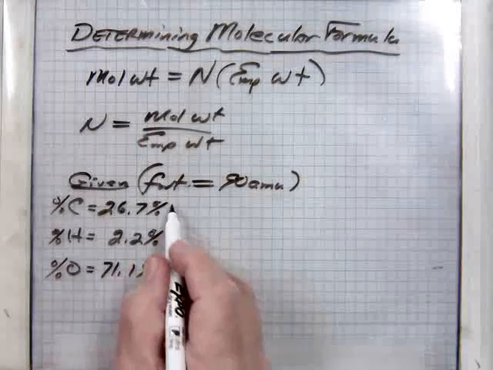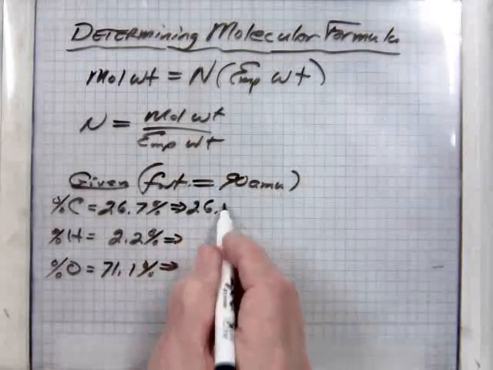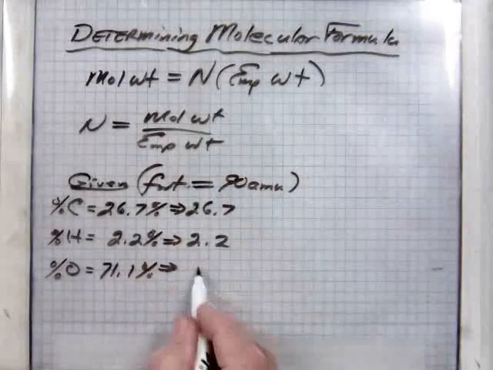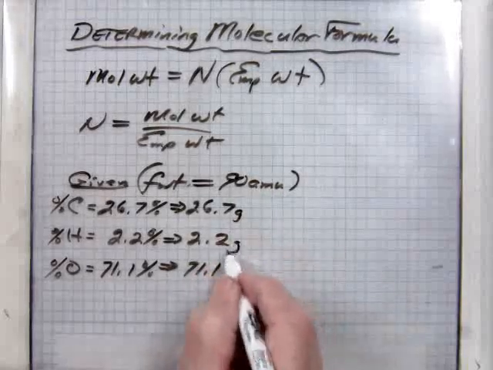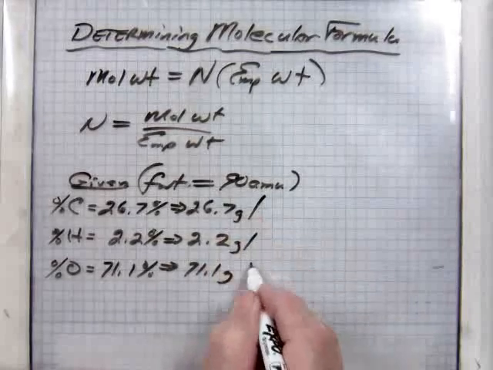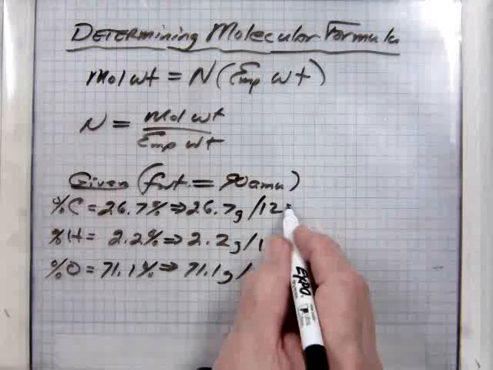Okay, so to grams is 26.7, 2.2, and 71.1, and you put grams on that if you want, and then divide by 12, 1, and 16, and you get your moles.